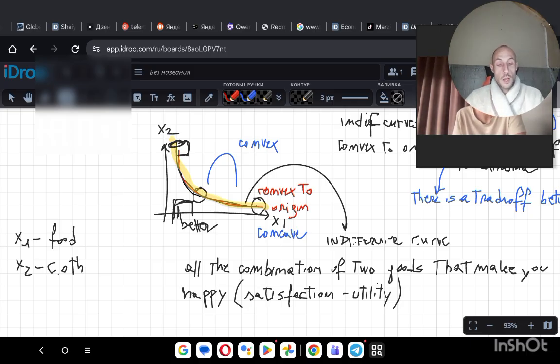So they do not cross, first thing. Second, when we go outward, we gain satisfaction. Why is that? Well, look, here you have some clothes and some food, but here you have more clothes and more food. So since the more the better, satisfaction increases.